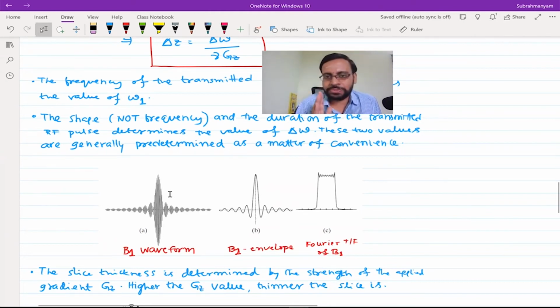Is that clear so far for bandwidth? Okay, so the envelope of the RF pulse determines the delta omega. That's right. Delta omega is determined by the envelope. Omega value is determined by the frequency. Given these two, delta Z is determined by the gradient in the Z direction. These are the three points.